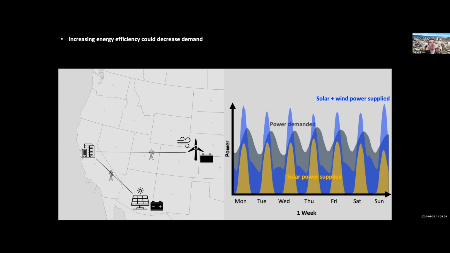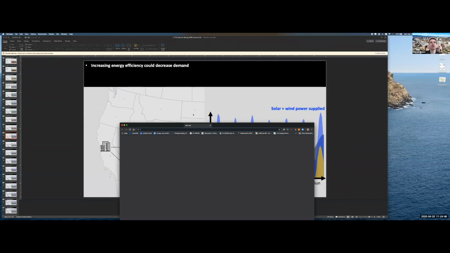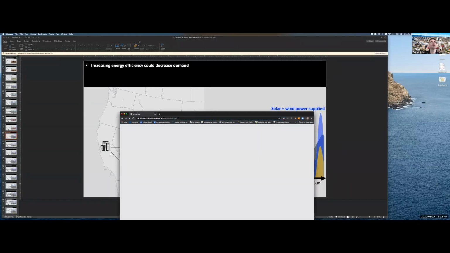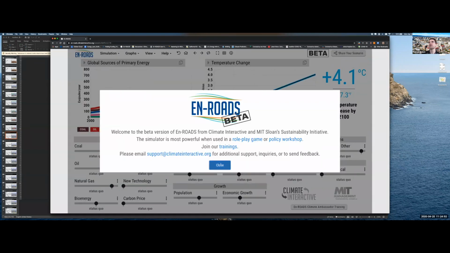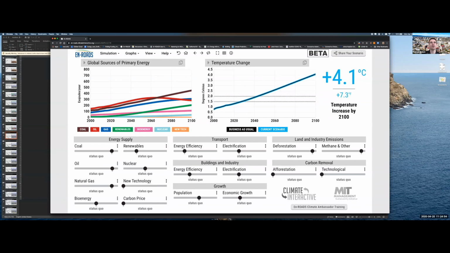Other things that can help us here that are also represented in En-ROADS would be increasing, for example, energy efficiency. So recall that in En-ROADS, we have energy efficiency levers here, like buildings and industry.